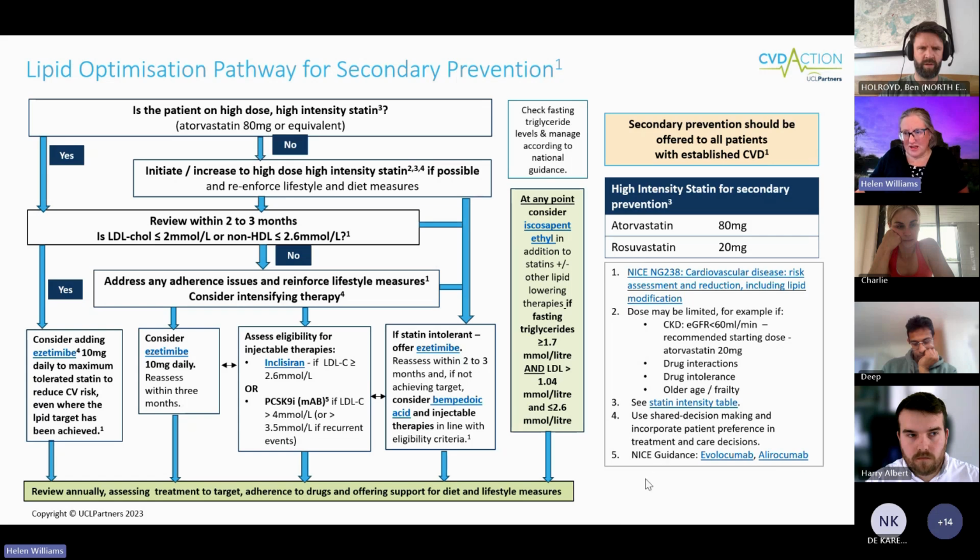So hopefully that clarifies and simplifies to a certain degree lipid management, because I think it has got very complex. But, you know, we have a great opportunity to reduce cardiovascular events by optimizing these patients with established cardiovascular disease in terms of achieving those cholesterol targets that NICE have concluded are clinically and cost effective.